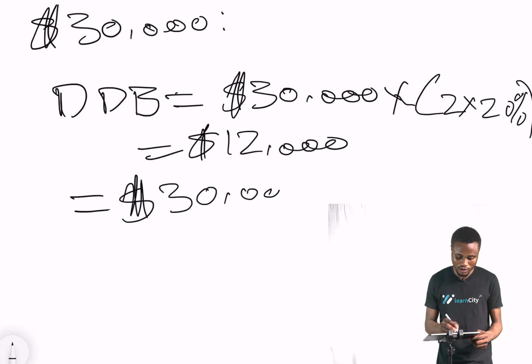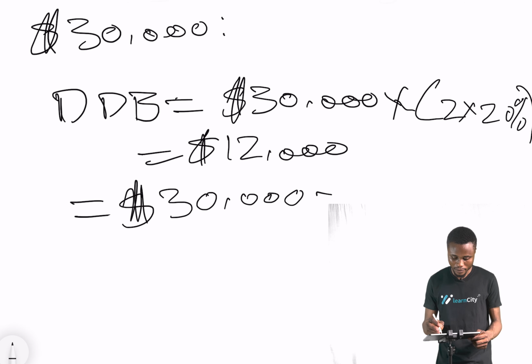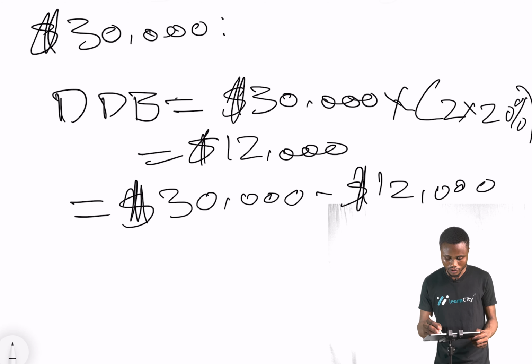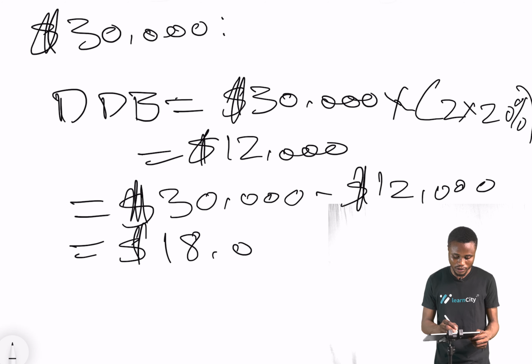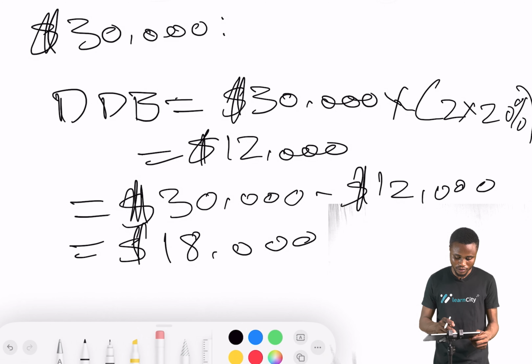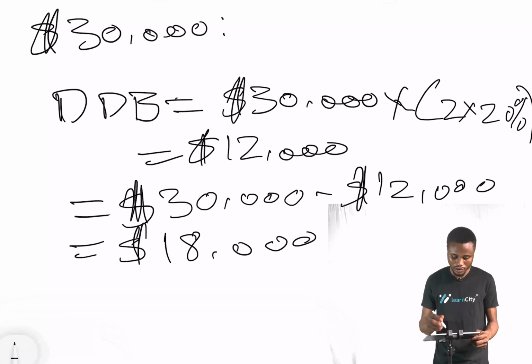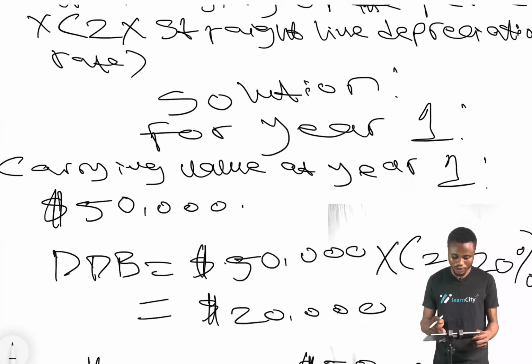So it will be 30,000 US dollar minus the one we just got for our second year, which is 12,000 US dollar. What will be our answer? Our answer will be 18,000 US dollar for the second year.